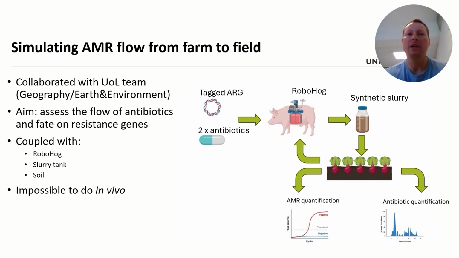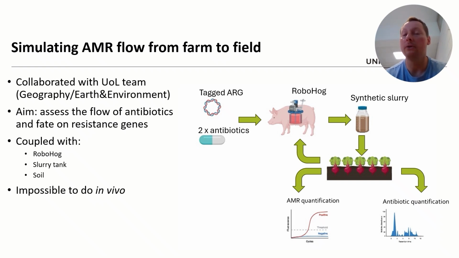And what we did was couple up these different in vitro models between the different groups that we have, so that we can mimic an antimicrobial resistance gene that might be present in a pig, and how that might transmit through to the slurry. And then if a farmer applies this slurry onto the soil, how that might affect the soil ecology.